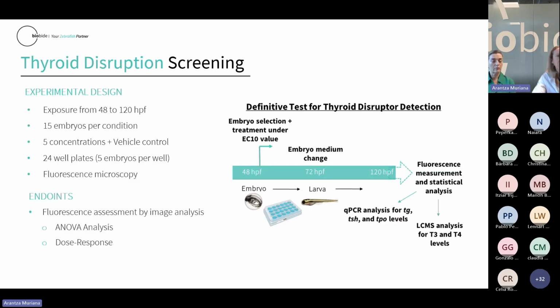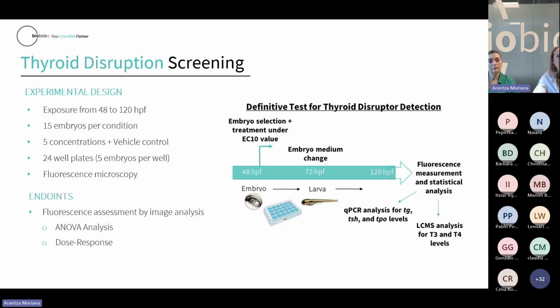Then for the thyroid disruption screening, we designed a similar experiment where the embryos were exposed from 48 hours to 120 hours post-fertilization with 15 embryos per condition. And in this case, we used only 5 concentrations per compound plus the vehicle control. We also tested the embryos in 24 well plates with 5 embryos per well.